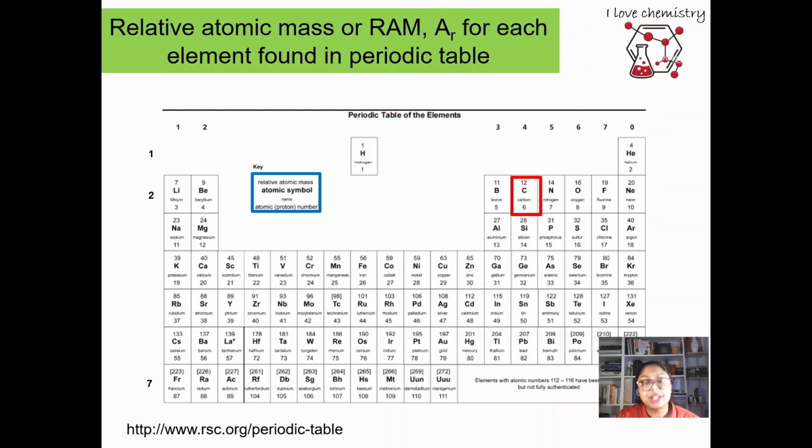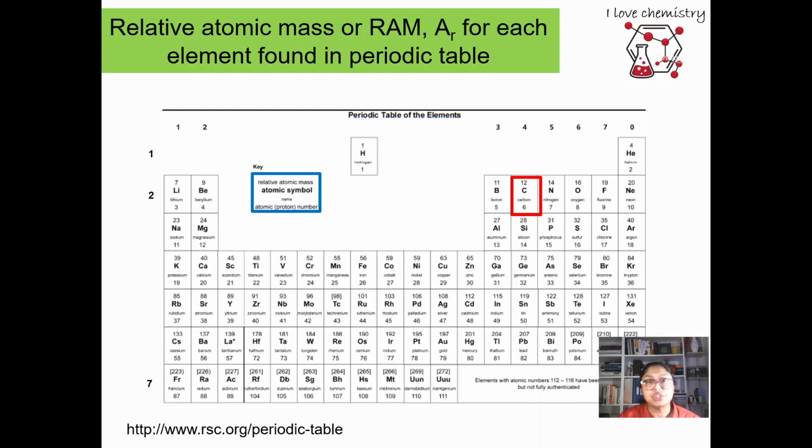What does this relative atomic mass mean? Now, atomic mass means mass of the atom, actual mass. But as you know that atoms are really tiny, it is very difficult to work with those small numbers in chemistry calculations. So scientists decided to use big numbers which are easier to deal with.